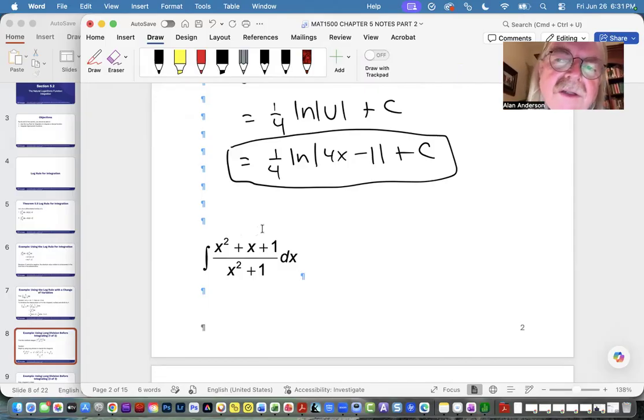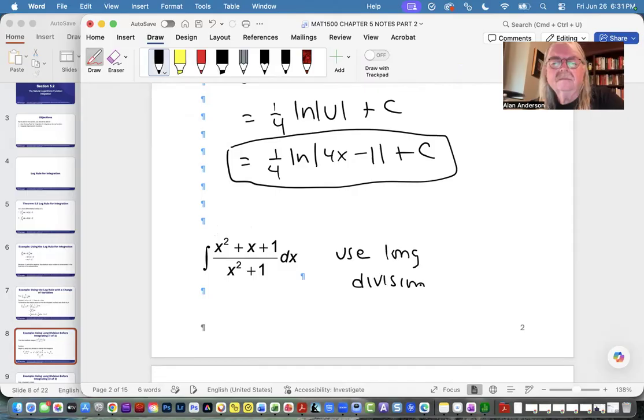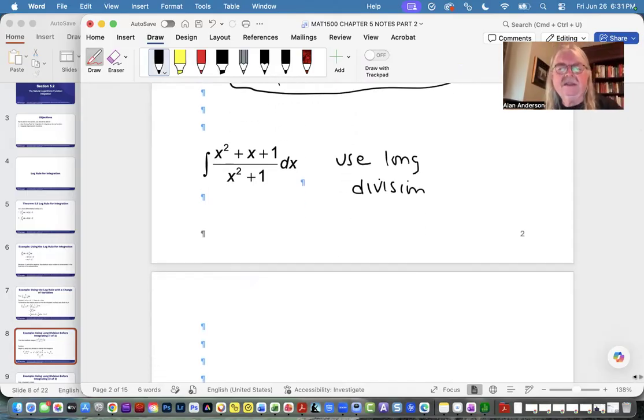So one thing we can try to do to maybe break this up into a couple of simpler pieces is use long division and see what happens. Now we've done this before. Let's try it one more time. So let's see.